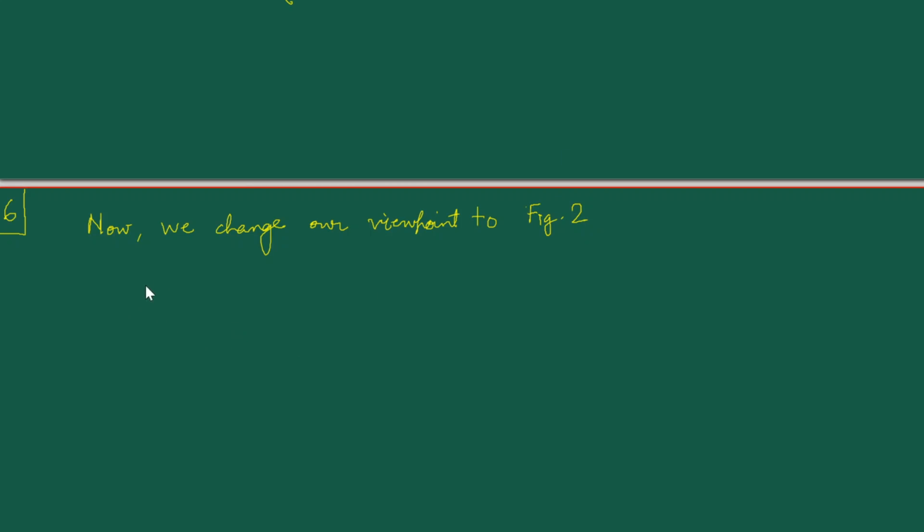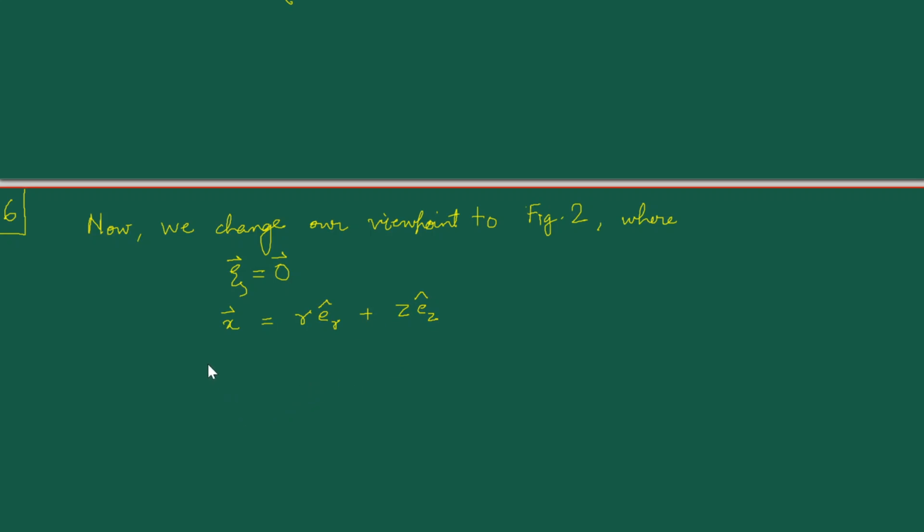Where our xi vector is equal to 0, you can put it as a 0 vector, and our general x vector is r ER vector, the unit vector along the radial direction, plus z EZ vector.